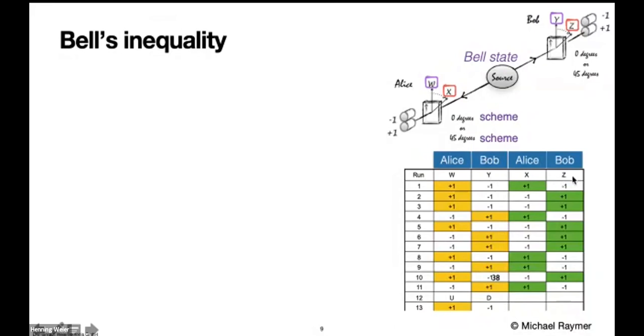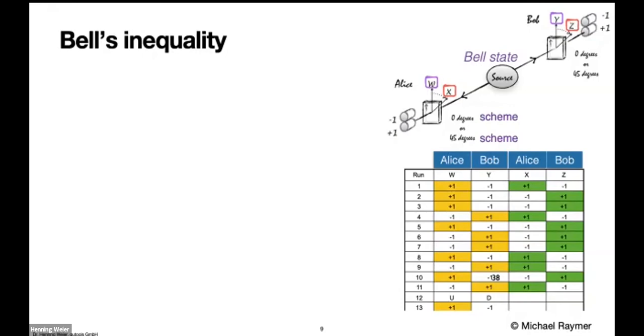I have not denoted them with the prime now, but as has been said, for any of these sets, independent of what polarizations they actually denote, this formula should never be greater than 2, right? And this is what we're going to test.